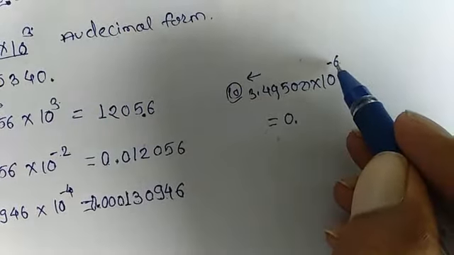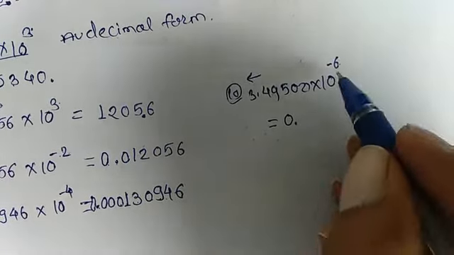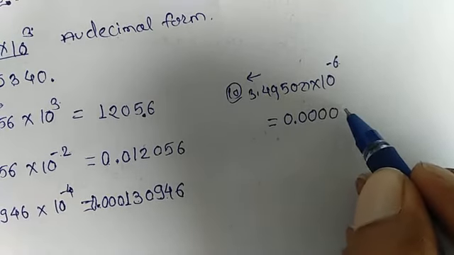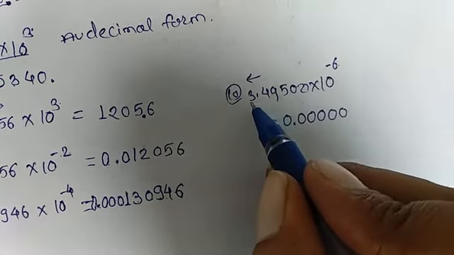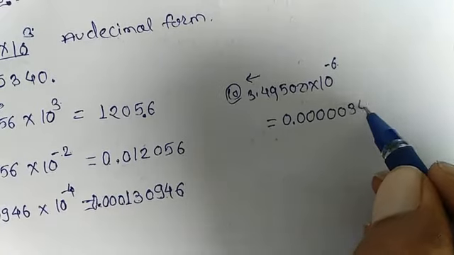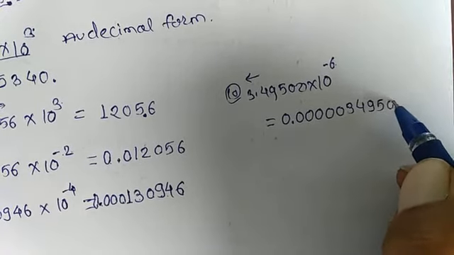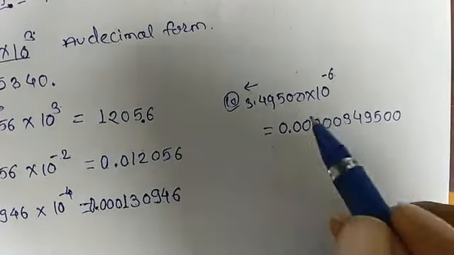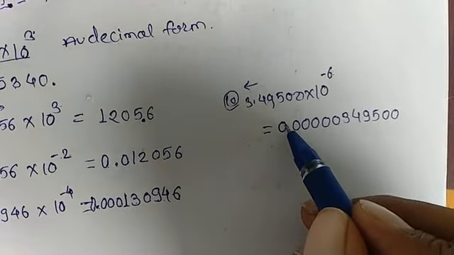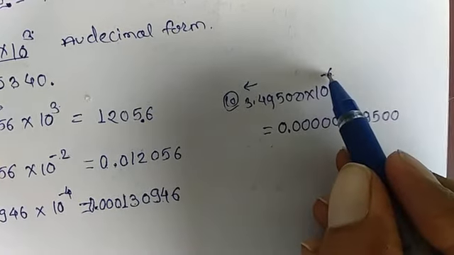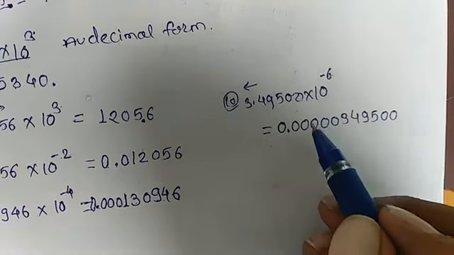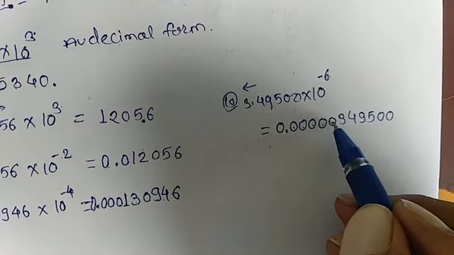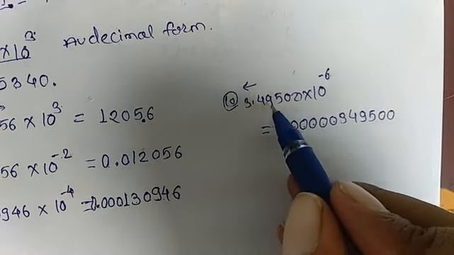Here 6 is given, so write 5 zeros before that, 1 2 3 4 5, and after that write the whole number, 349450, which is our decimal form. Understood? You may directly write 0 point, and for minus 6, write 5 zeros, one less than 6, and after that write the whole number.